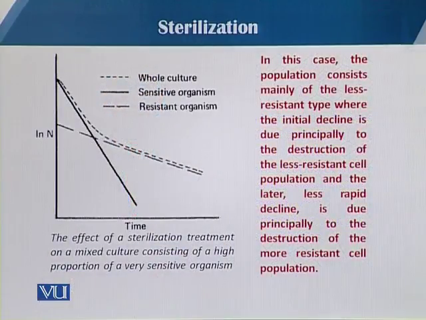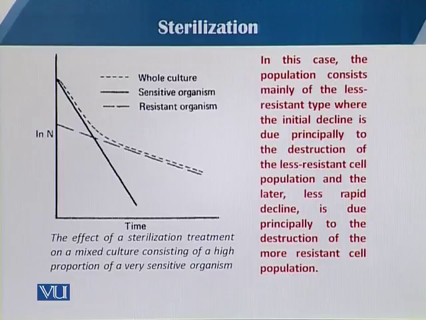If there is a whole culture that contains sensitive organisms and some resistant organisms, in this graph you can see there are three different lines. One is a dotted line, another is a solid line, and the third shows the resistant organism.